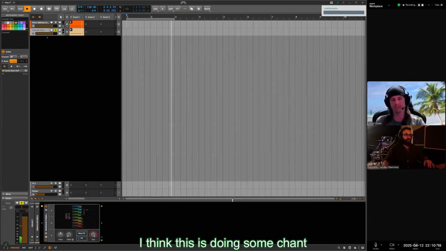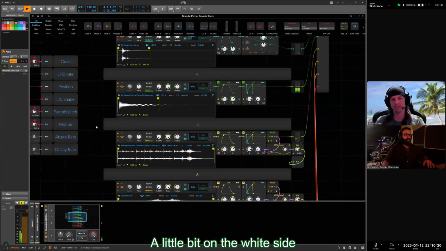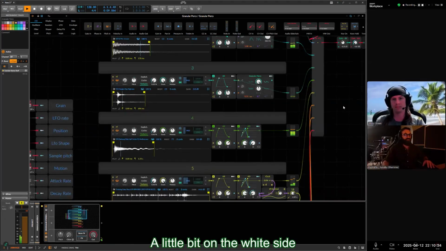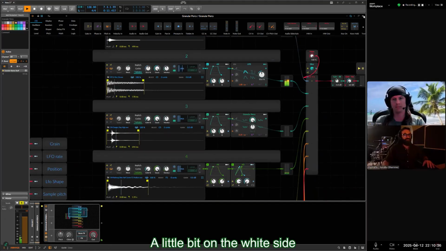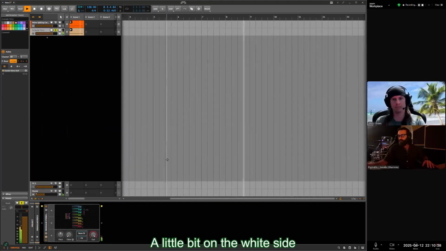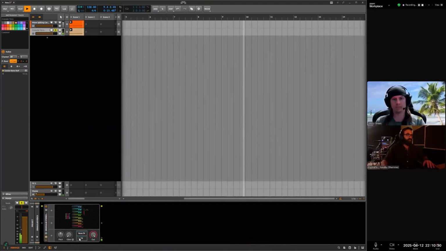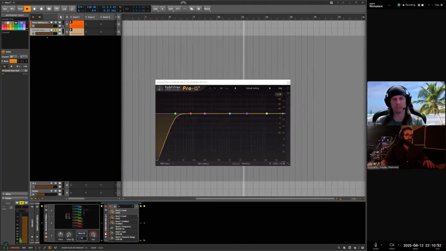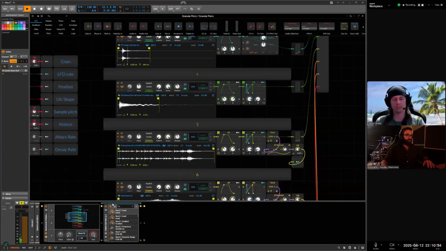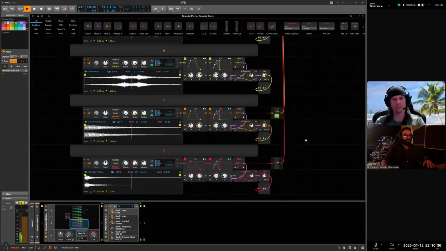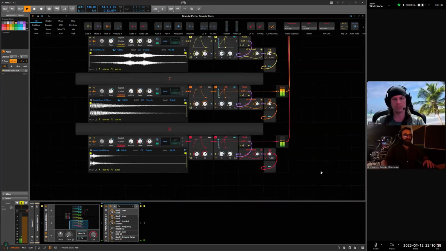I think this is doing some chance-based stuff. It's a little bit on the quiet side, that one. There's the main output.